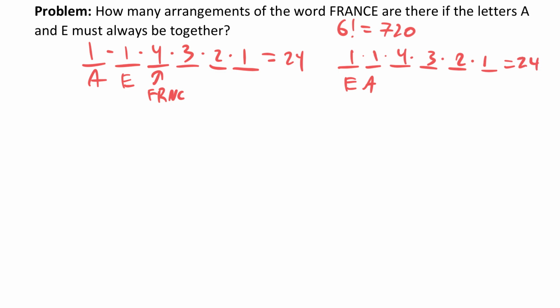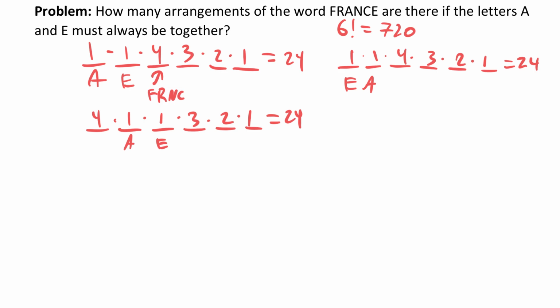Now, another case would be the A and E are together, but they're maybe right here, and then you'd have 4, 3, 2, 1. That's going to be 24. So I'd encourage you to pause the video and see if you can look at all the different cases we'd have. The A and E have to be together, but you can write out all the cases. Each case you can figure out the amount, and then we can add up all the cases. So pause it and give it a try.